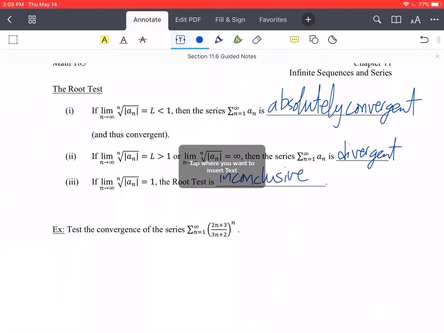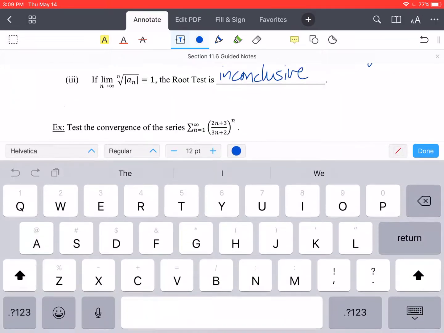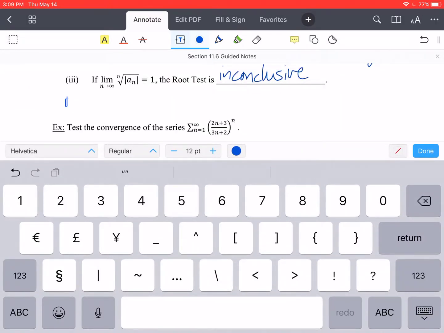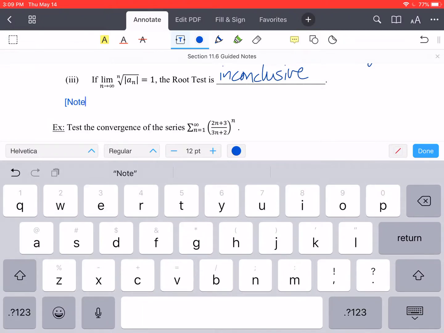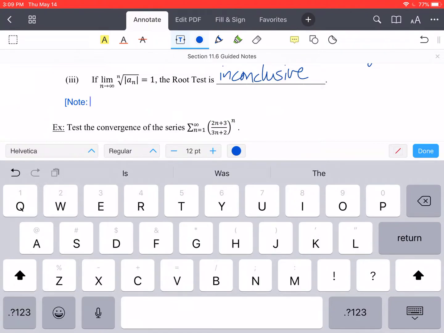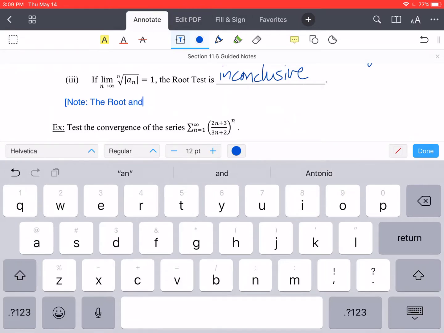And then I do need to make a note here for everybody. If you run this test and you get that it's inconclusive and you think, well, maybe I'll go try the ratio test, you don't need to. The root and ratio tests will be inconclusive at the same time.